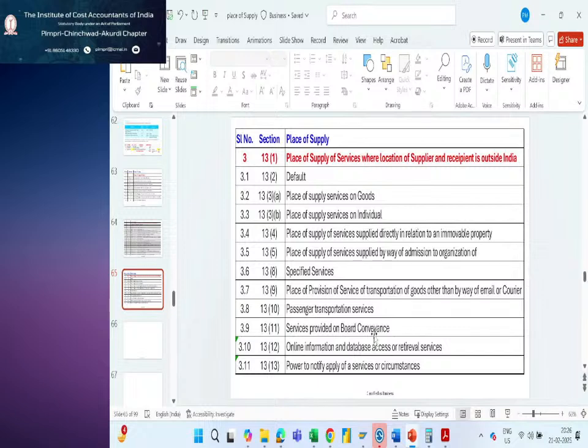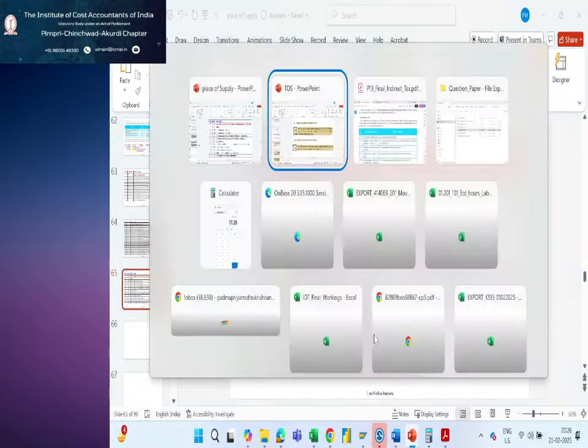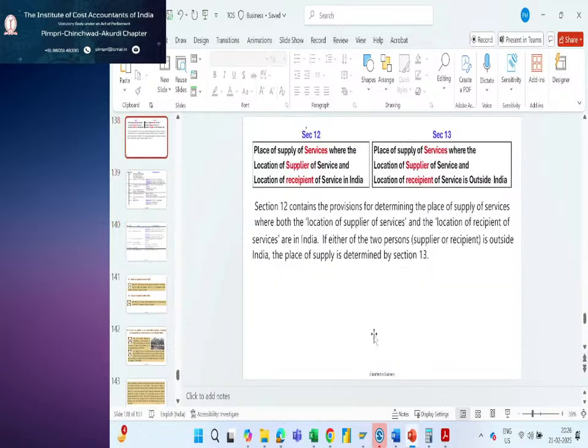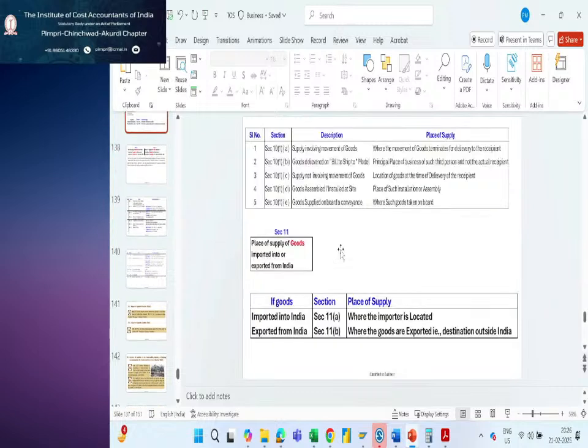If it happens outside India, then in that particular case, what should be considered as the place of supply? If you see this last line here, either of the two persons, supplier or recipient, is outside India, then in that case, how can we identify the place of supply?